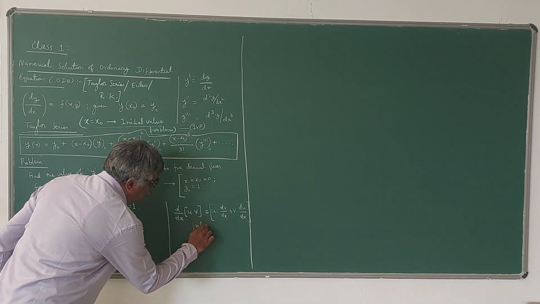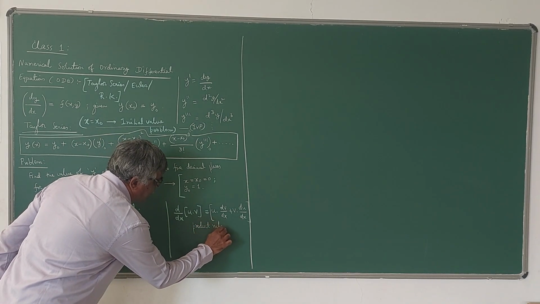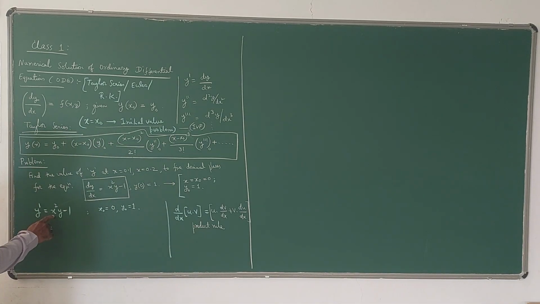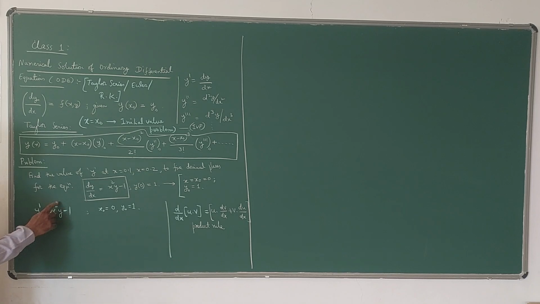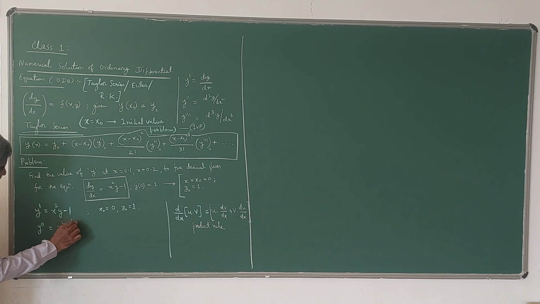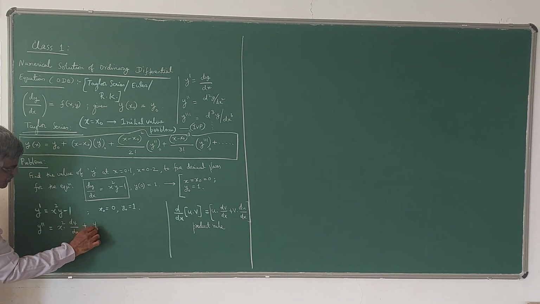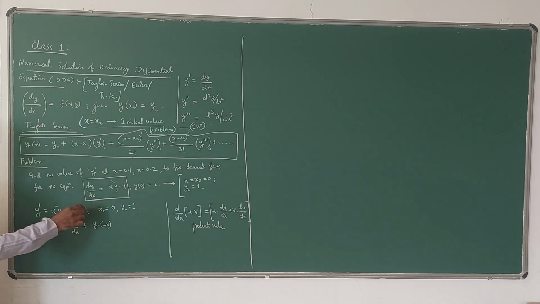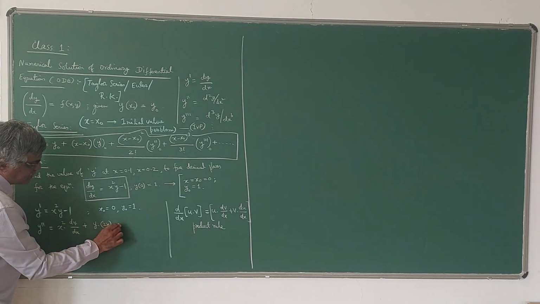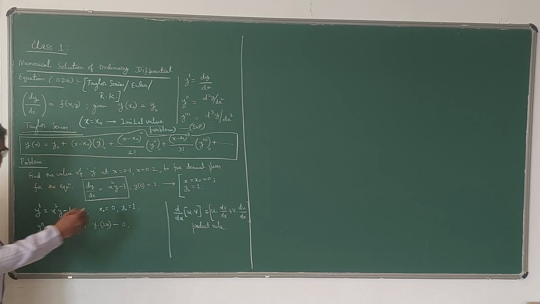Using this product rule, you can find the second derivative here. Because x square is u now, y is v now. So the first function is x square into the derivative of the second function, dy by dx, plus the second function y into the derivative of x square, which is 2x. So this is the second derivative. Of course, minus the derivative of 1, which is 0, because 1 is a constant.